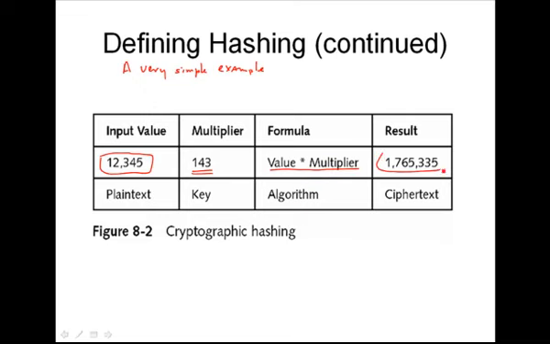The result is some large number. Now, even from this simple example, you should be able to note here that it's going to be difficult to take this number and get back to this original value. Not to say that it would be impossible in this case, because this is a very simple example. Real cryptographic algorithms are much more complicated than this, but this just gives you some idea of the process.